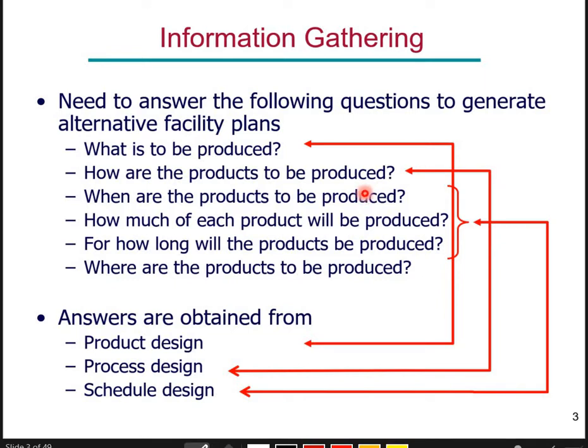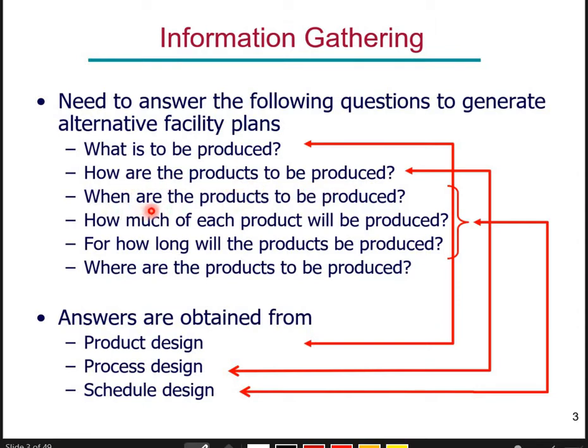What kind of machine? In what order? What are the processes that are necessary to produce? Is it an assembly operation? Is it a CNC or plastic injection molding operation? What kind of operations we need, how these products are produced.